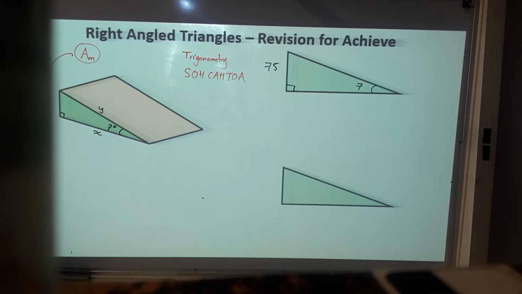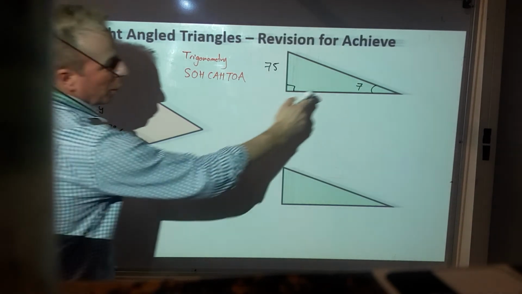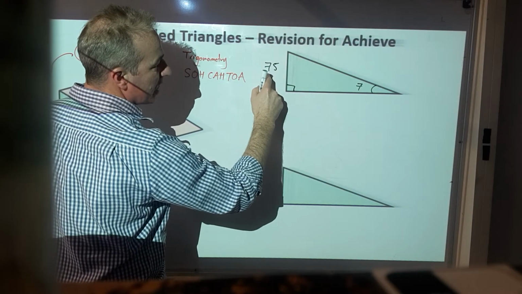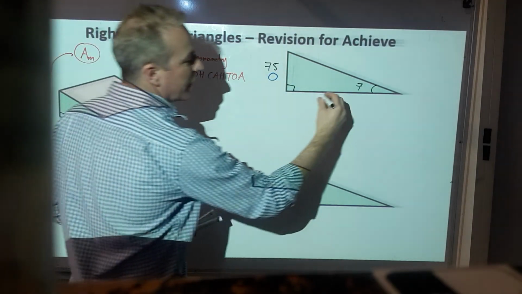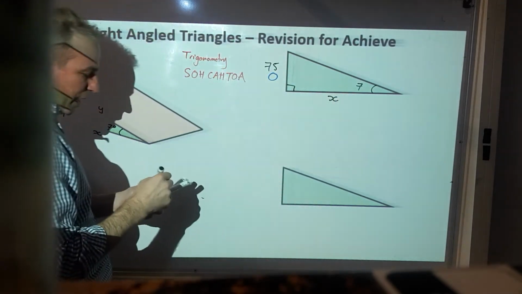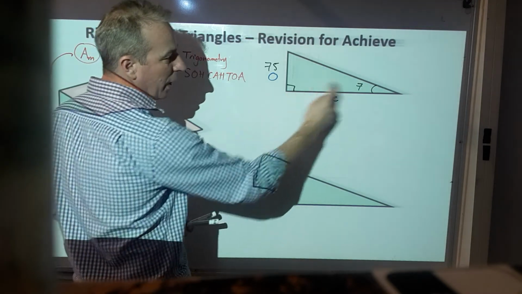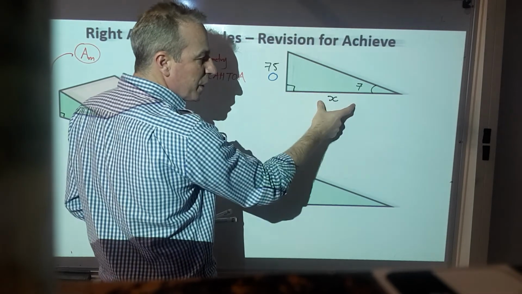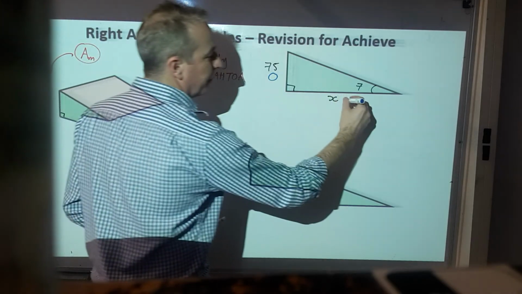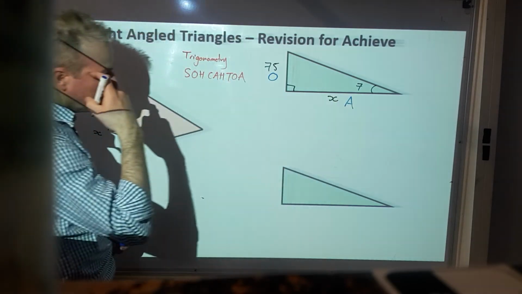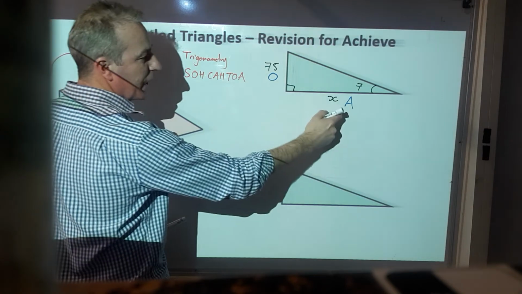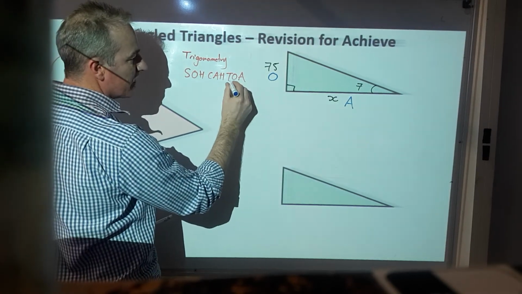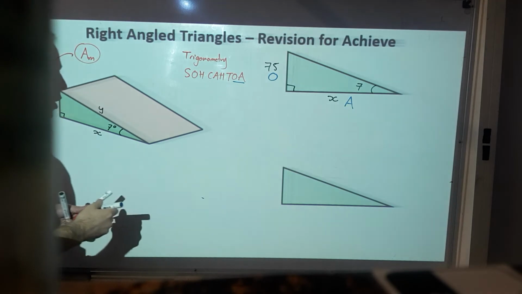If we label the sides, we can see that we have the opposite side is the number that we're given, and the thing that we're trying to find out is this side X, which is in between the 90 and the angle, which means it's the adjacent side. We then look to see what part of SOHCAHTOA has the O and the A, and in this particular case, the O and the A is in TOA.